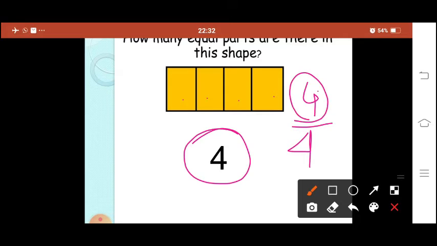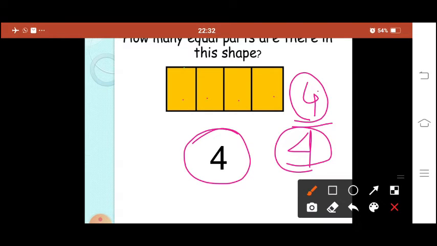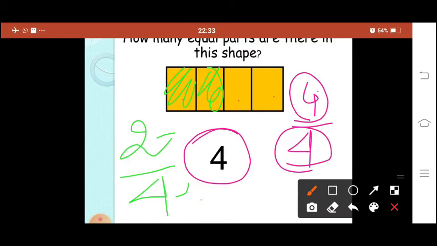In the next one, how many parts are shaded? 2. So 2 out of 4. This 4 is the denominator and 2 is the numerator.